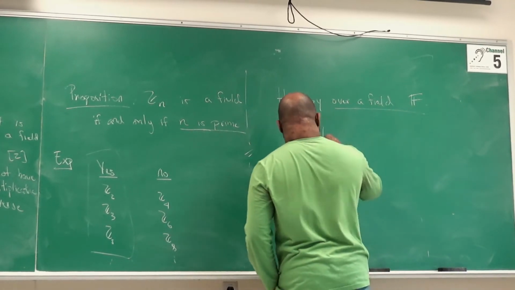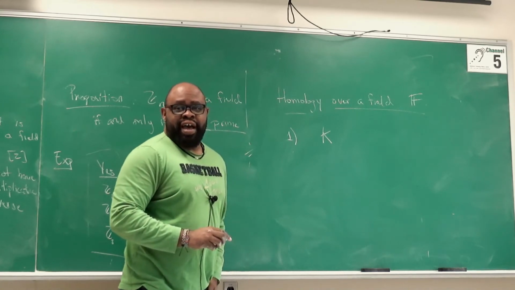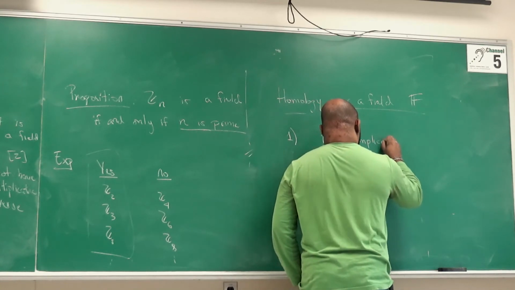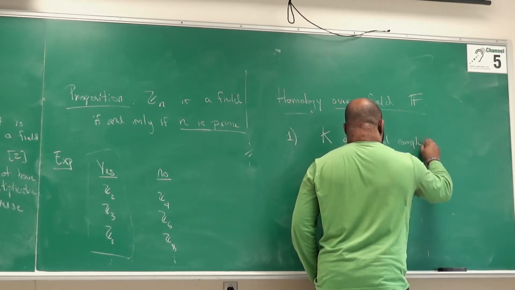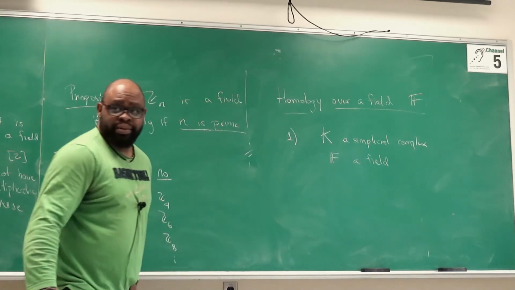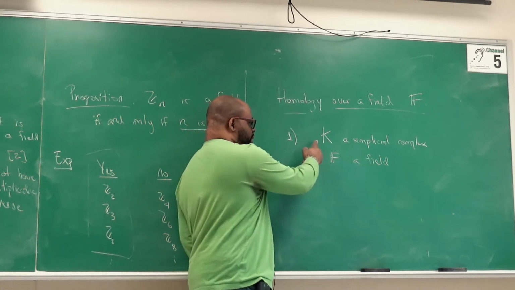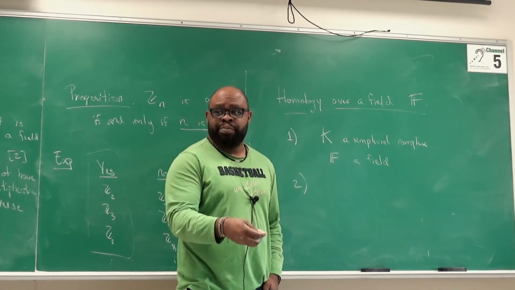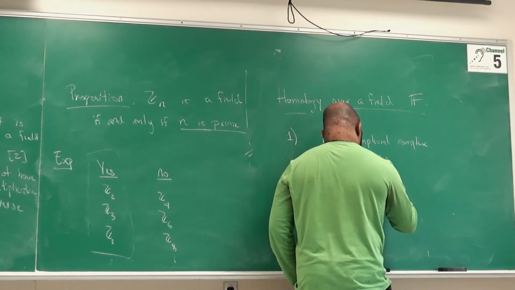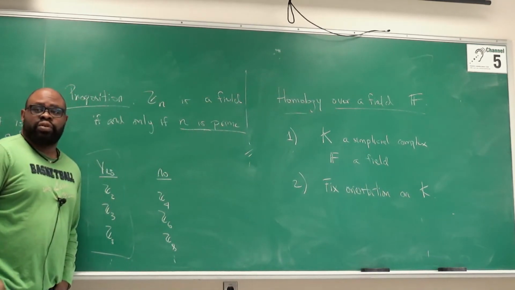So step 1, fix your field and fix your complex. Step 2, we fix an orientation on the simplices of K, because we do that every time we want to compute homology.